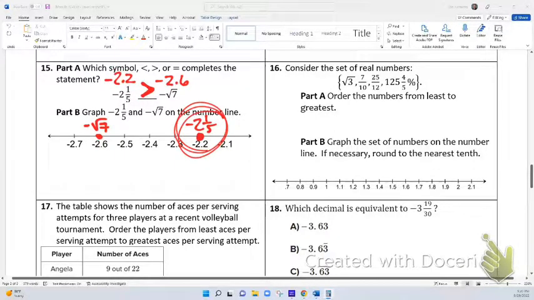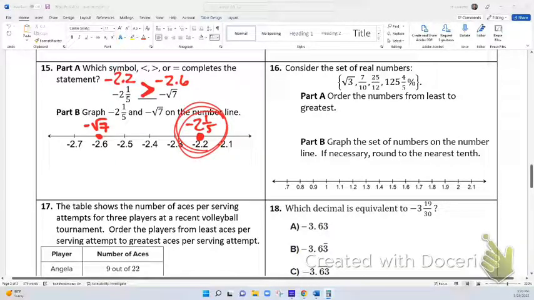If I go to number 16, there's two parts. Part A says order the numbers from least to greatest. Part B says to graph and round to the nearest tenth if necessary. So before I do anything, let me take all those numbers and convert them into decimals. It makes my life a lot easier. So once again, on your calculator, you're going to end up doing the square root of 3.